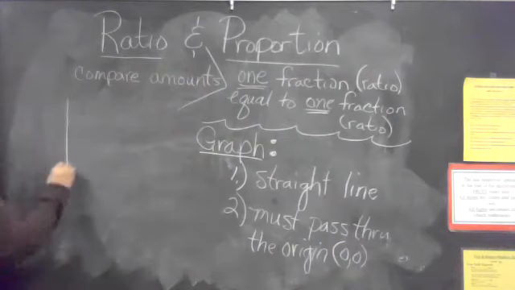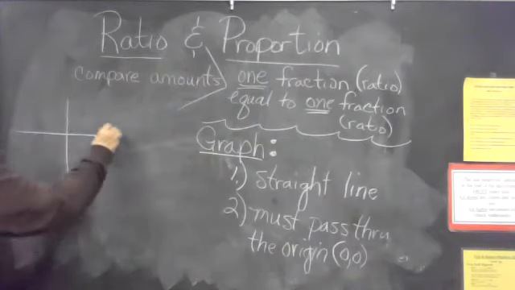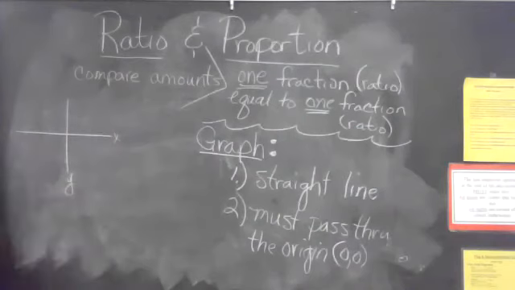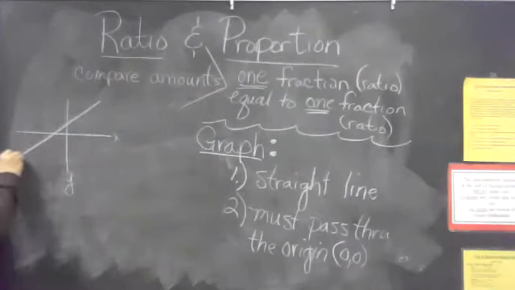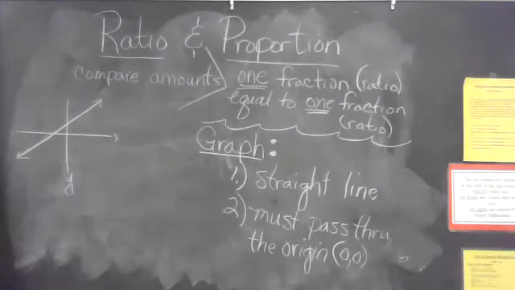So here's a straight line. Does this represent a proportion? It does not. Why?